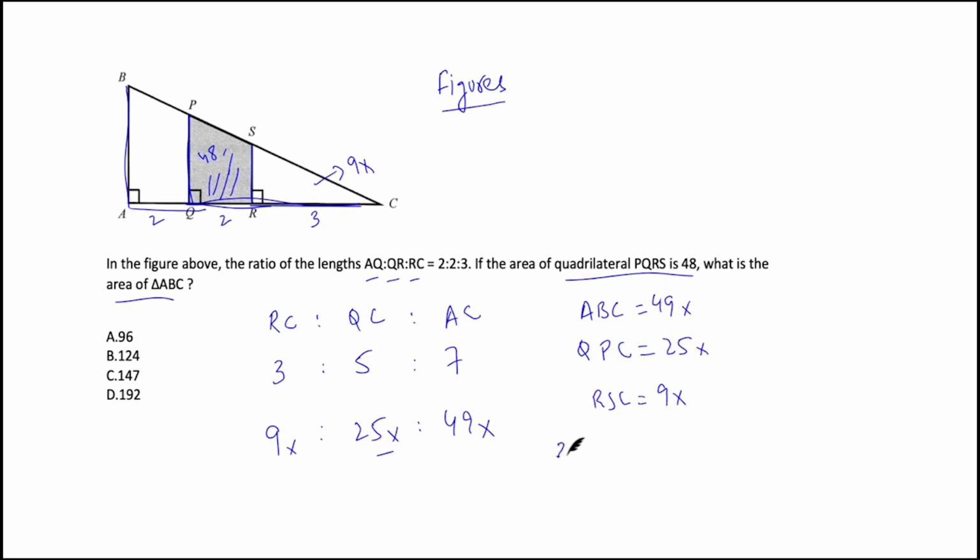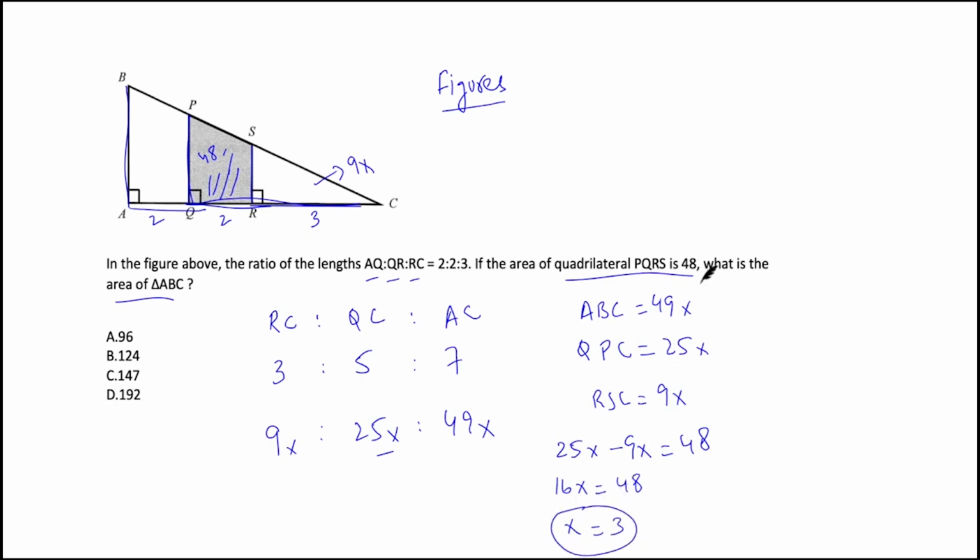So basically the equation becomes 25x minus 9x equals 48. There you go. We will get our multiple x. 16x equals 48, x equals 3.